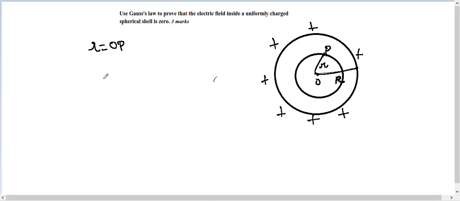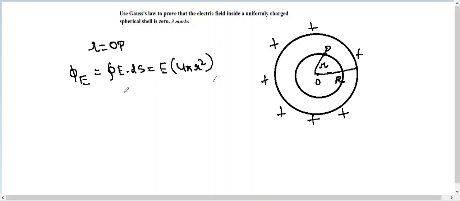Now the electric flux through the Gaussian surface, flux phi, is equal to the closed integral of E dot ds, which is equal to E into 4 pi r square. And what's this 4 pi r square?